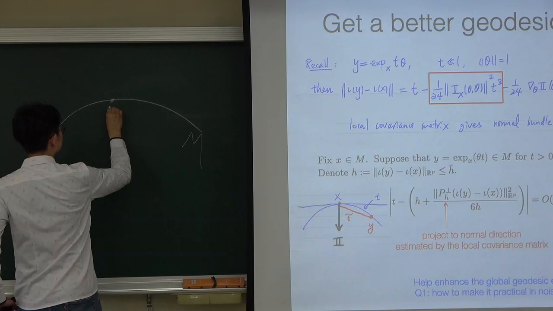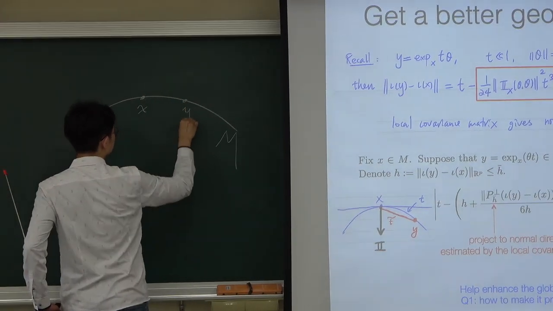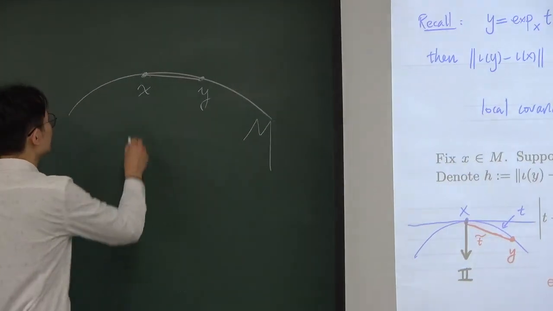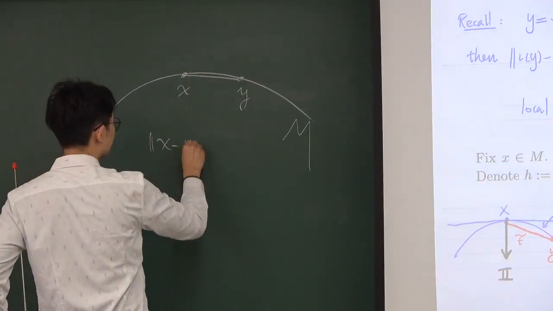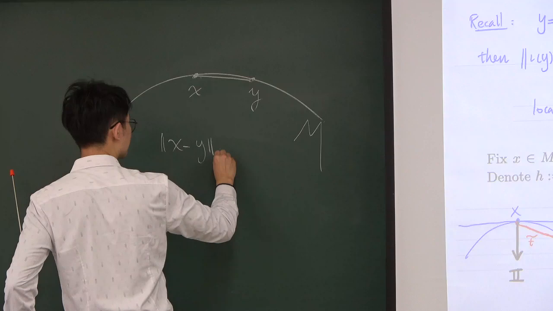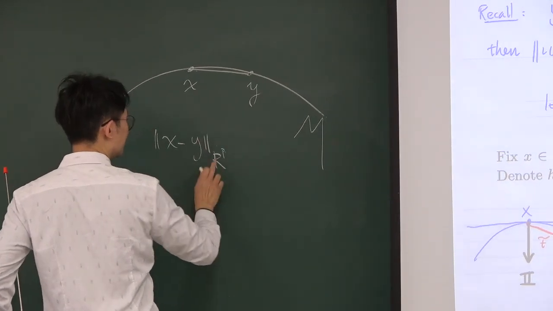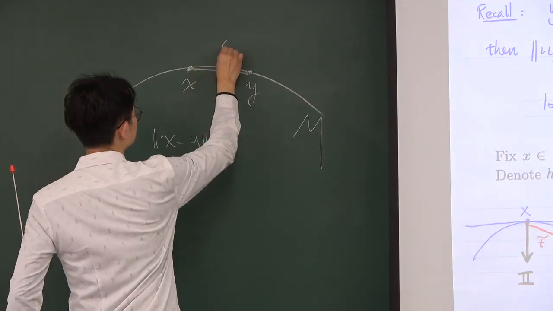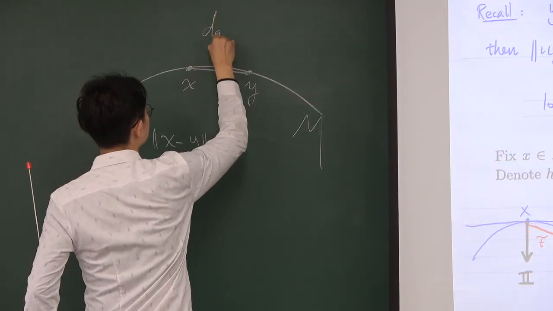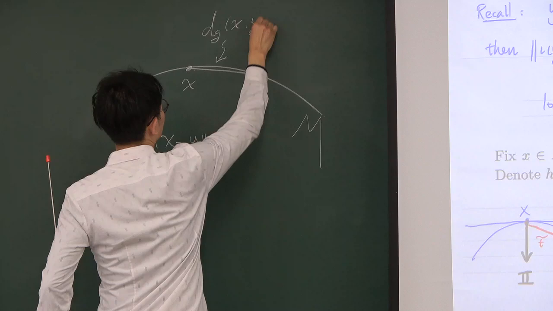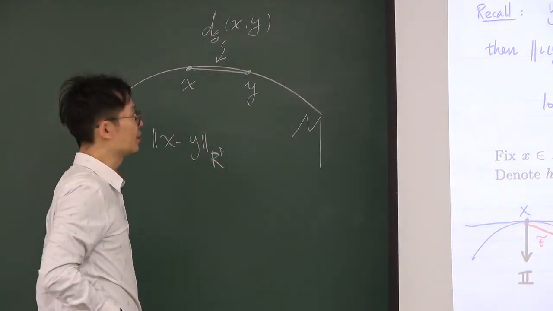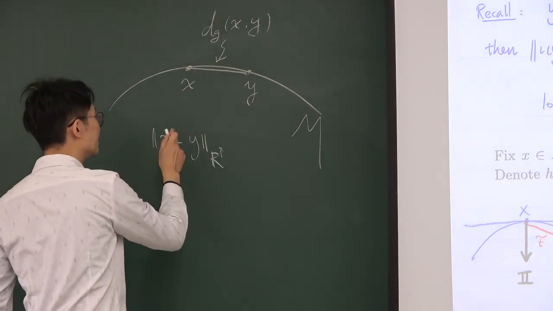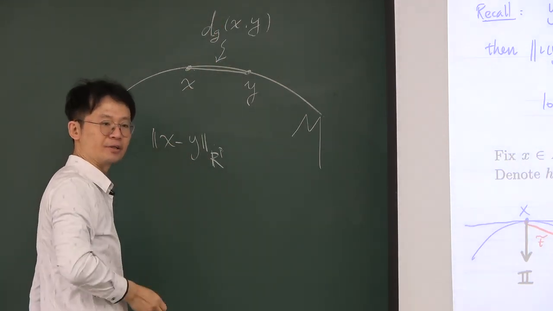So if you want to evaluate the distance between two points x and y, the only thing you can do is use x minus y. This is using Euclidean distance to approximate the geodesic distance. But how well can you approximate the geodesic distance by the Euclidean distance?